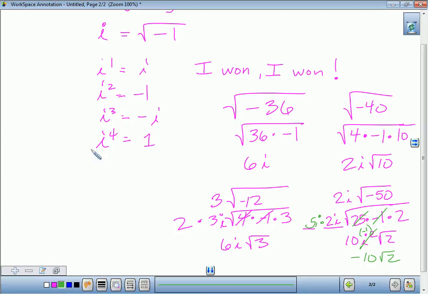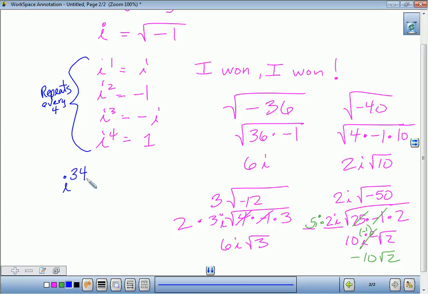Let's do one. So what do we do if we have i to a really big power, like maybe i to the 34th power? Well, this is where we looked at this pattern and we said, okay, this pattern repeats every 4. Because if we did i to the 5th, we'd go back to i. i to the 6th would be -1.